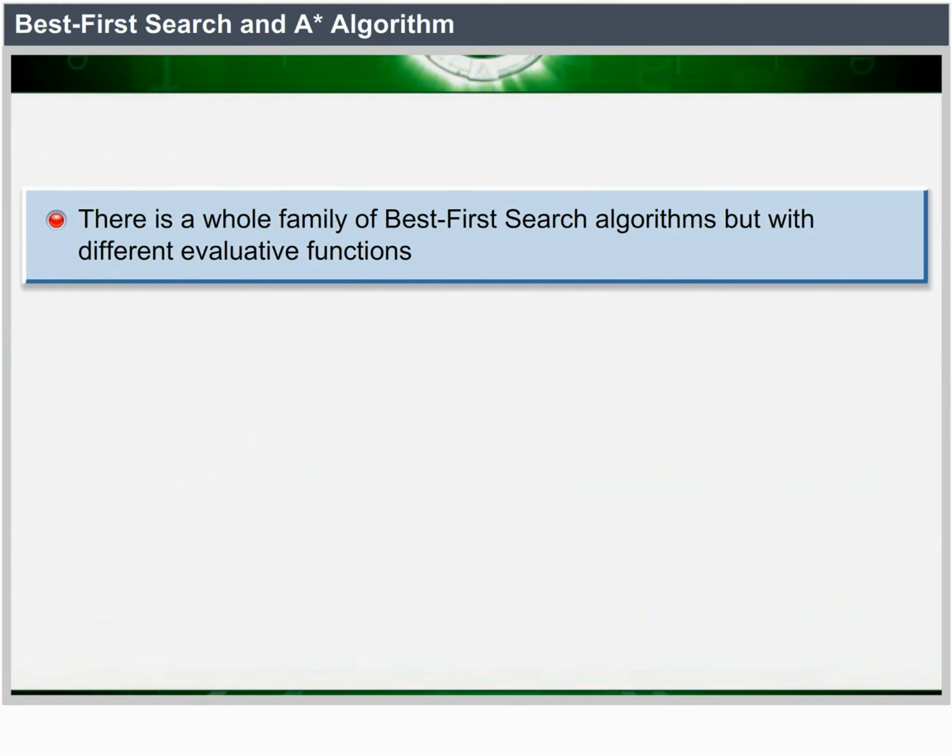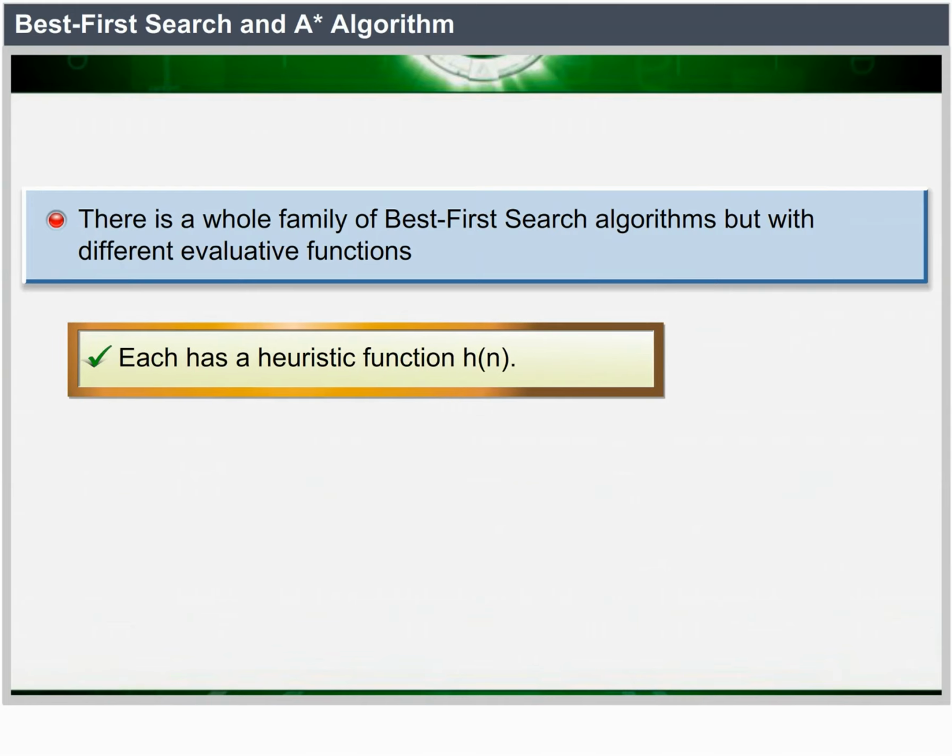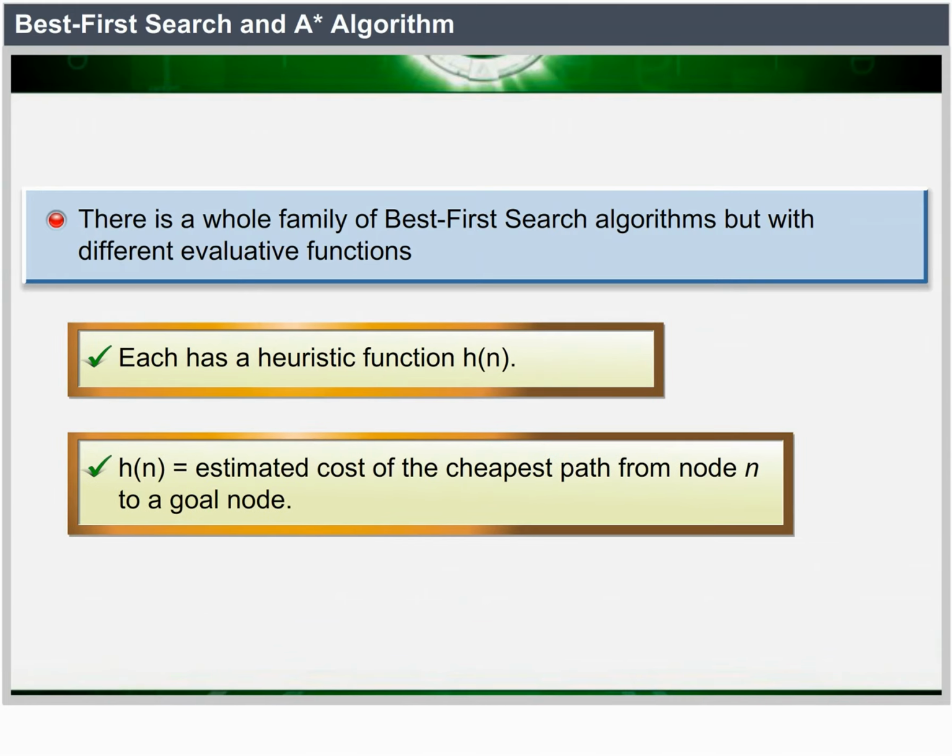There is a whole family of best first search algorithms, but with different evaluation functions. Each has a heuristic function h(n). h(n) is the estimated cost of the cheapest path from node n to a goal node.